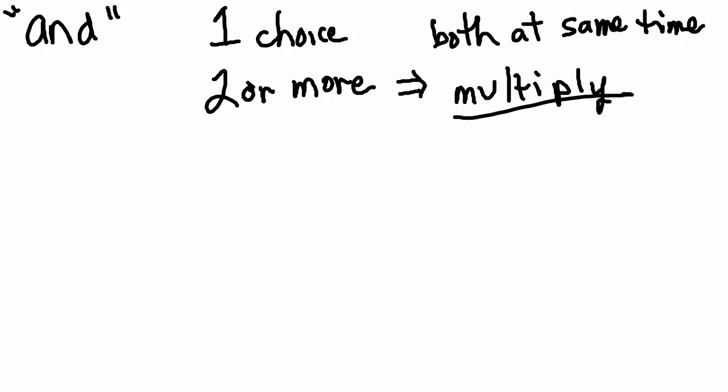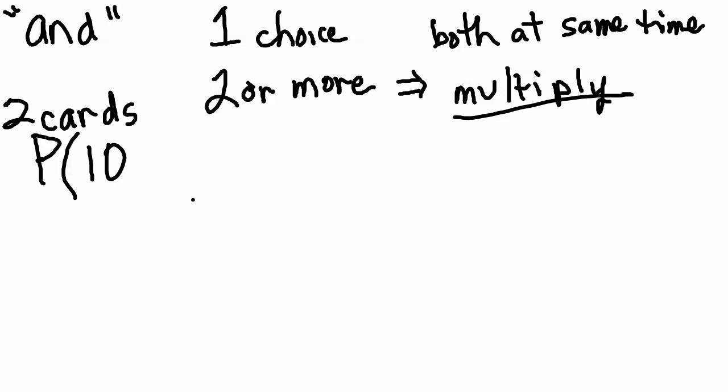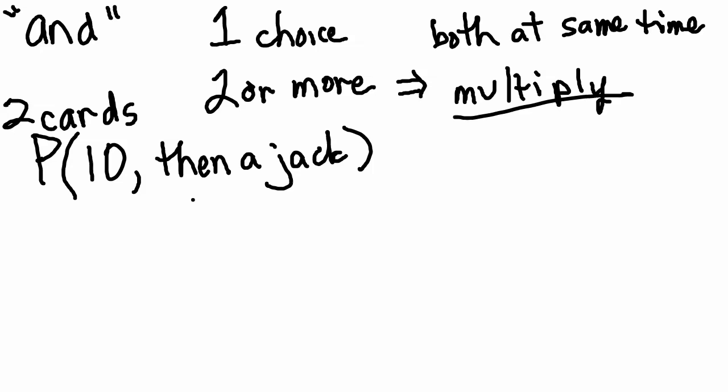So what I mean by that is this time we're picking 2 cards, and I want the probability that I pick a 10, then a jack. So I want a 10 first, and then I want a jack.